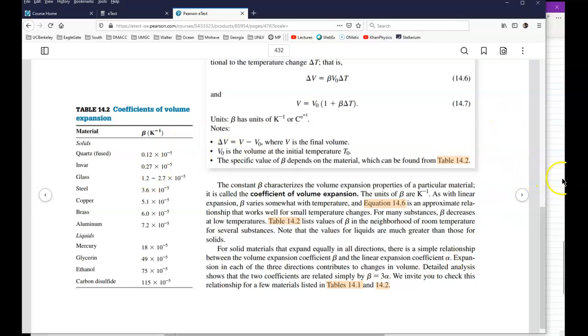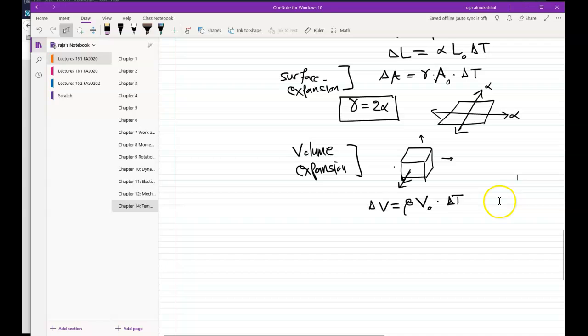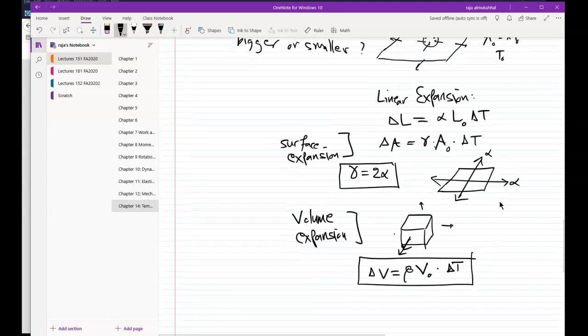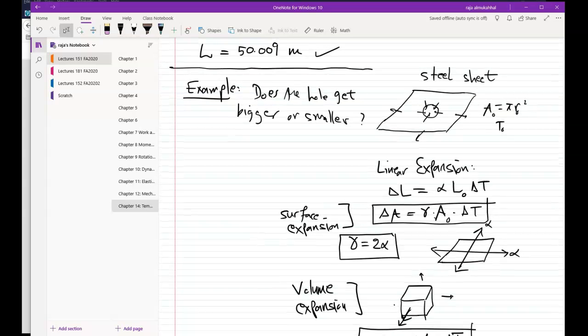Okay. So going back to our problem, let me box those equations. So I have a sheet of steel, there is a hole in there.